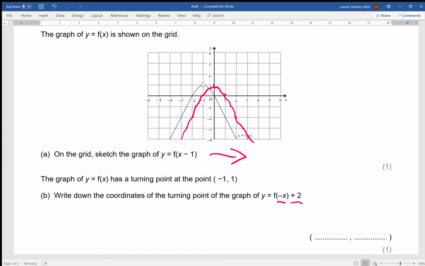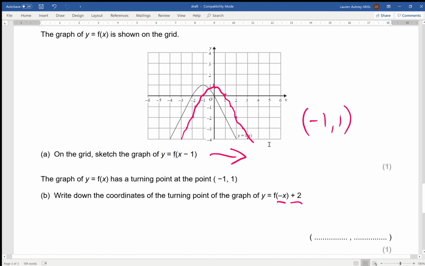The turning point at the moment is -1, 1. So we want to know what's going to happen to it when we have minus x, so reflecting and then shifting as well. Again, it goes with the same thing here. When it's inside the bracket, you are affecting the x values only.